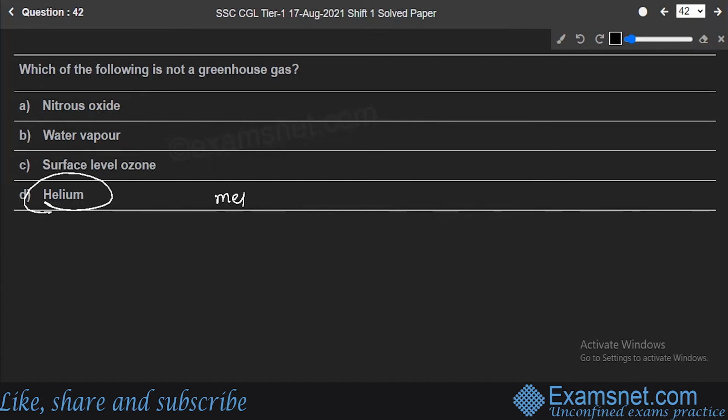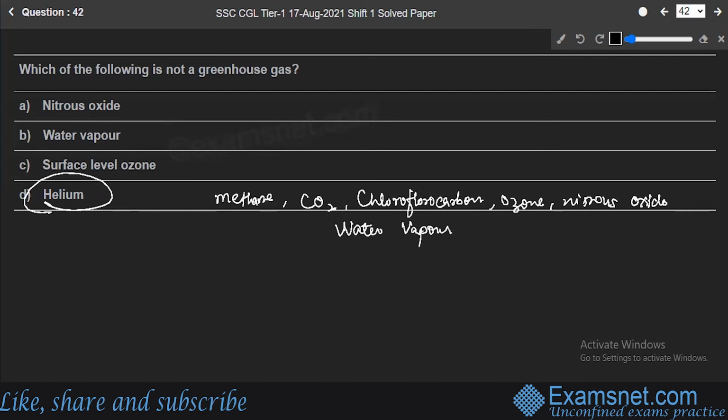Methane, carbon dioxide, chlorofluorocarbon, ozone, nitrous oxide, and water vapor all are greenhouse gases.